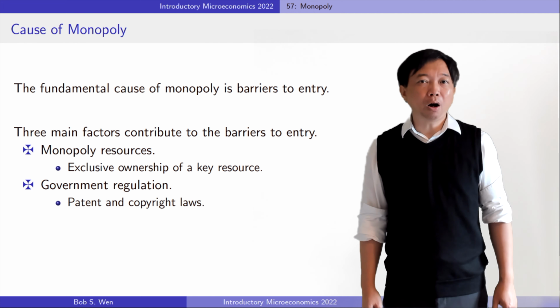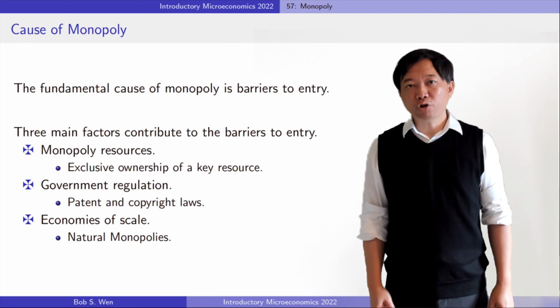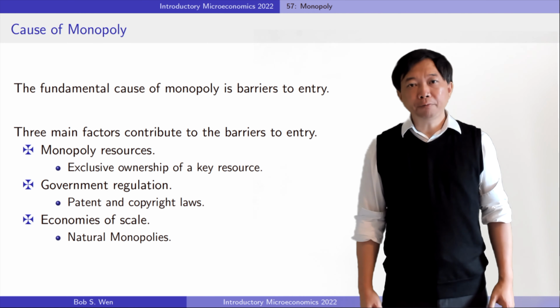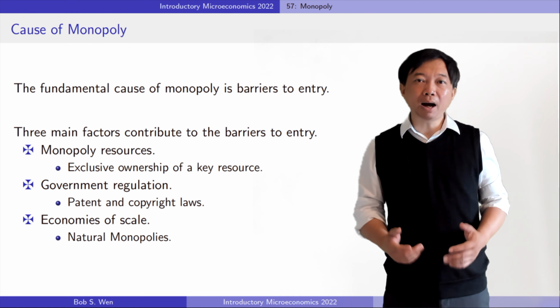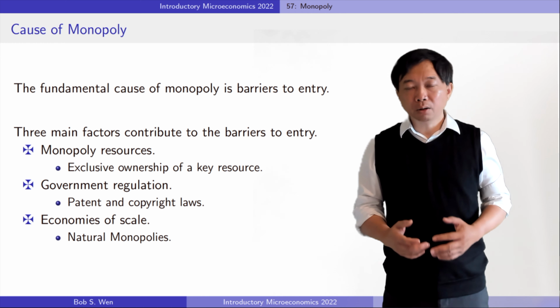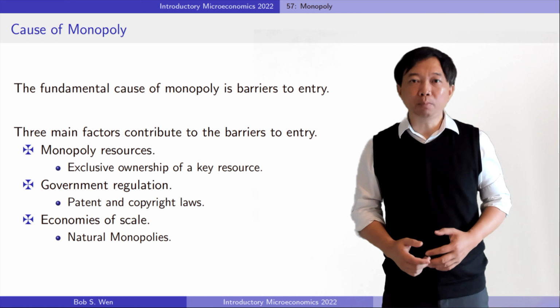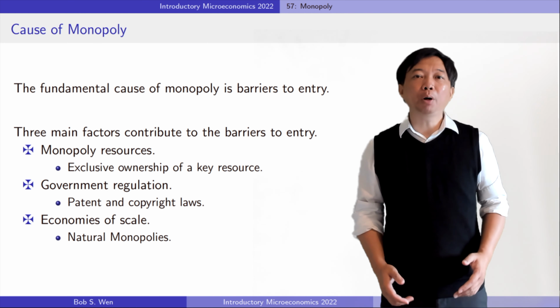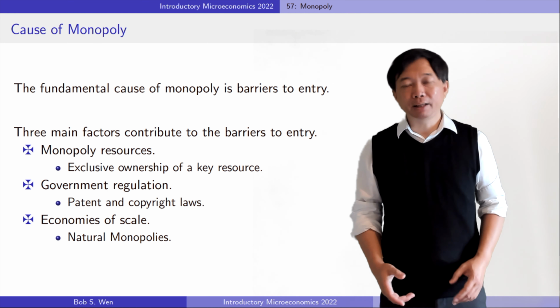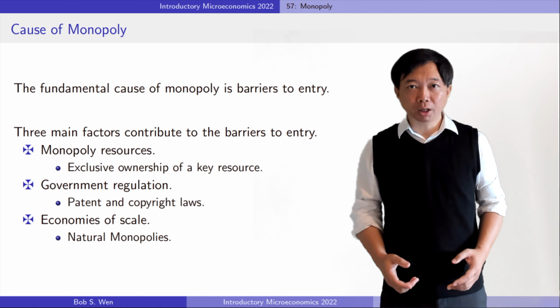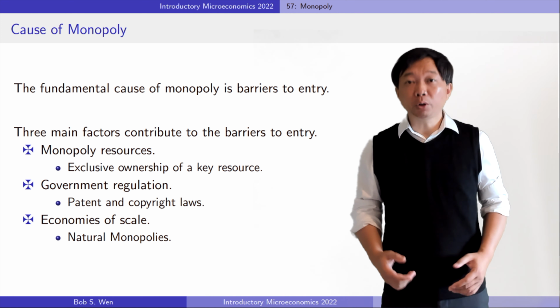The third type of monopoly is the natural monopoly. One firm can produce the total market output at lower cost than several firms could if it is a natural monopoly. An example of a natural monopoly is the distribution of water to the residents in a small town.